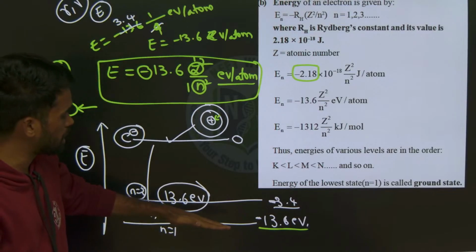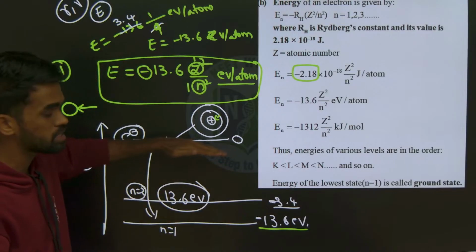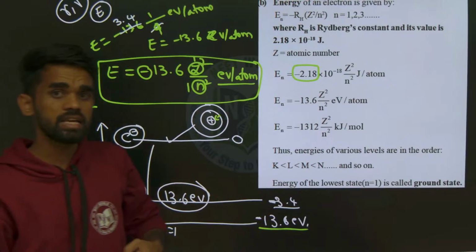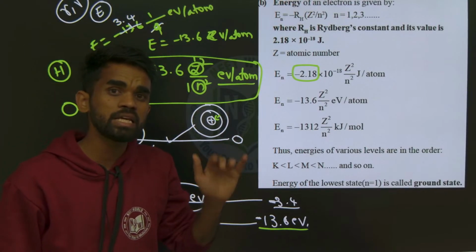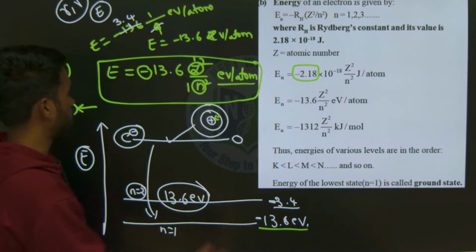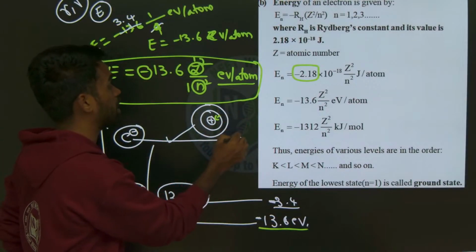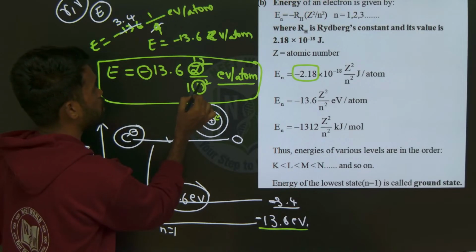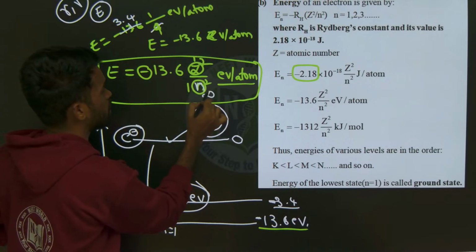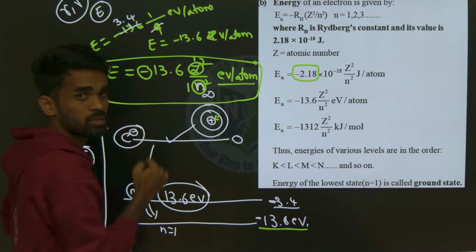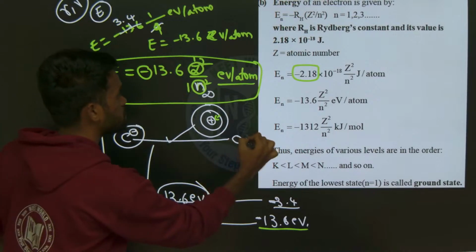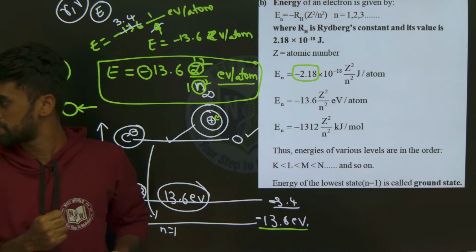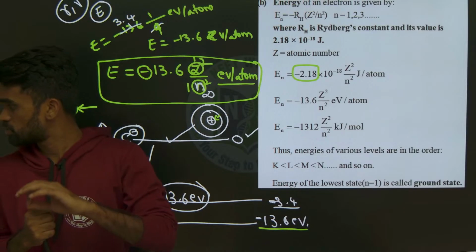So as the electron moves away from the nucleus, its energy is increasing, stability decreases. And if the electron is present at an infinite distance from the nucleus, n value becomes infinite, so something by infinite means 0. It means that is the 0 energy state. Okay, so this is what you need to know here.